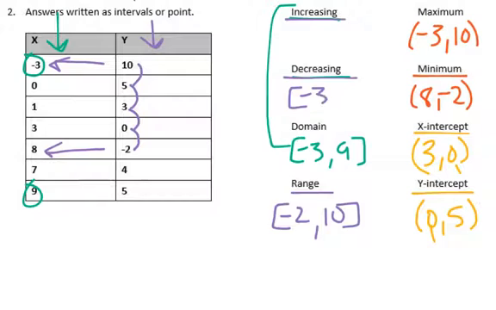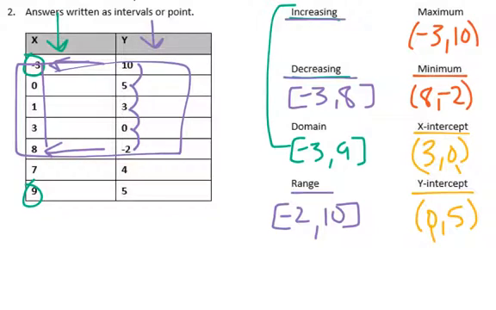So from negative 3 to 8, that's the interval of this decreasing. Alright? Then, for increasing, negative 2 to 4, 4 to 5, we're increasing. So from that 8 to the 9, that's where we're increasing. Alright?